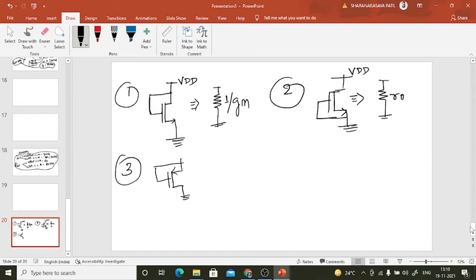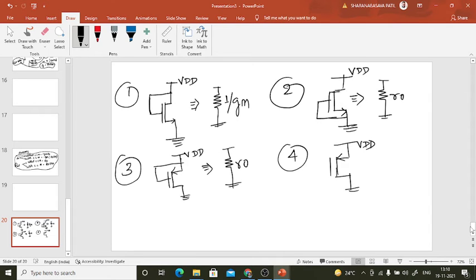Gate and source tied together gives a resistance of R0. When gate and drain are tied together, this will give a resistance equivalent to 1 by gm.